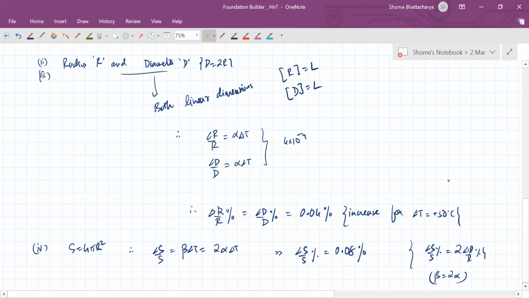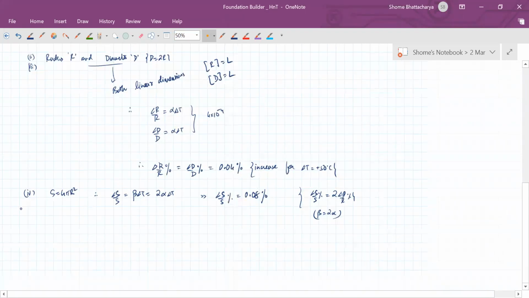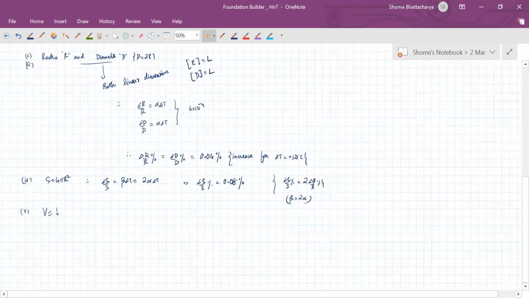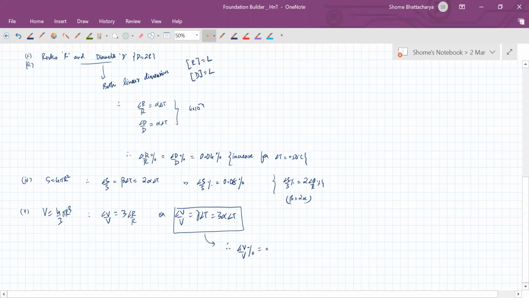And likewise, the volume percentage change, you can see that the percentage change in volume is a 0.12% increase for delta T equal to plus 50 degrees.